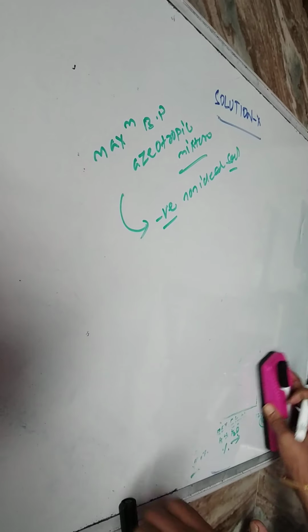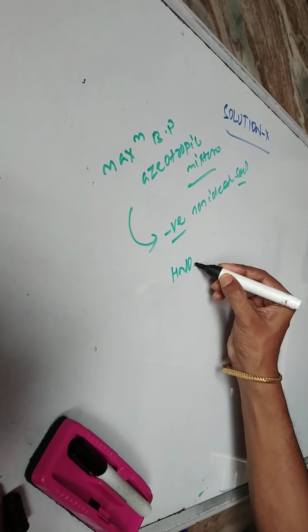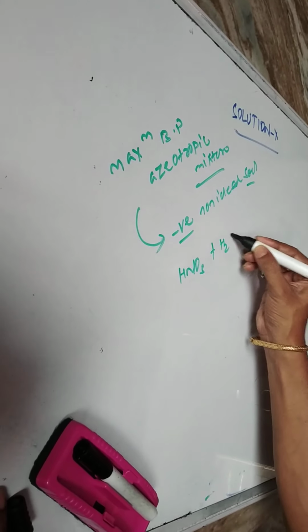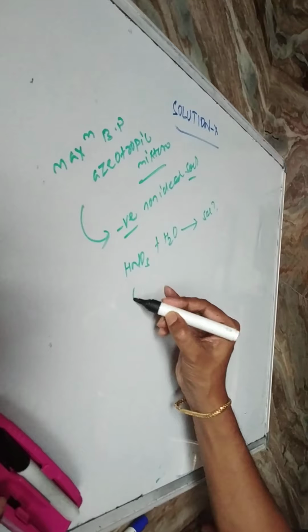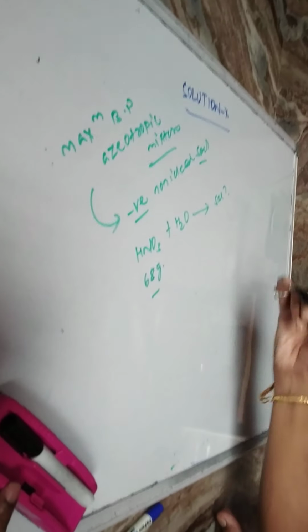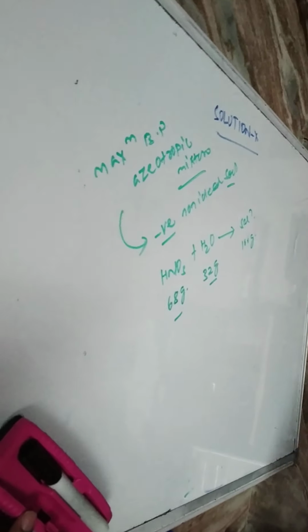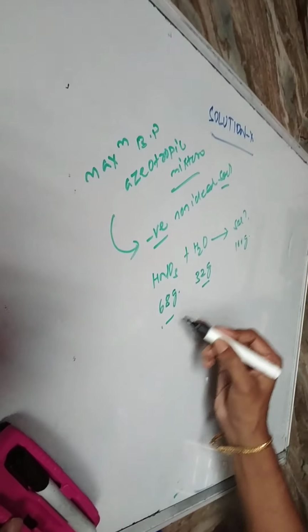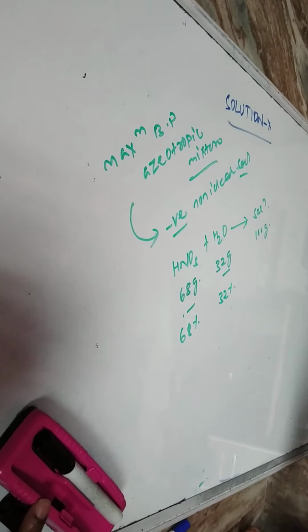I will take an example of it. We take nitric acid, HNO3, and add water, and we get a nitric acid solution. I will take 68 gram nitric acid and 32 gram water. Then we get 100 gram solution, so it is 68% and 32% by mass.